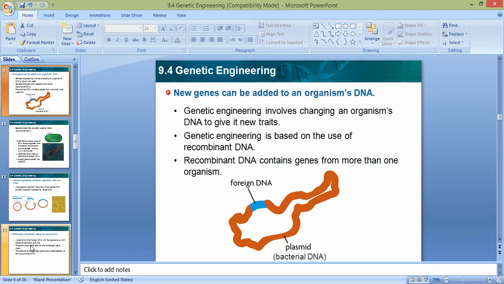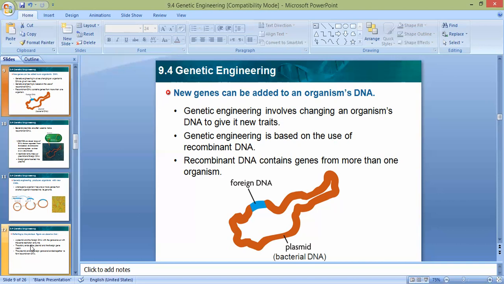Okay. Now, genetic engineering involves changing an organism's DNA to give it new traits. So the main purpose of genetic engineering, as we said, is to change the DNA. Okay, change the organism's DNA. Why? To give it new traits, better traits. And I always tell you, keep in your mind genetic engineering: remember the watermelon without seed. Genetic engineering is based on the use of recombinant DNA.